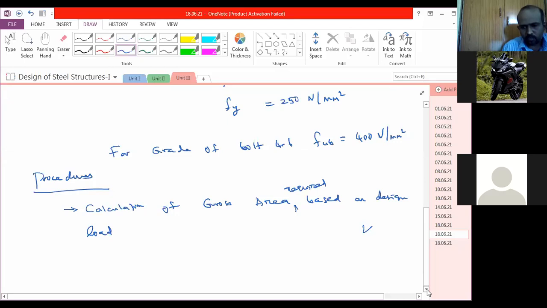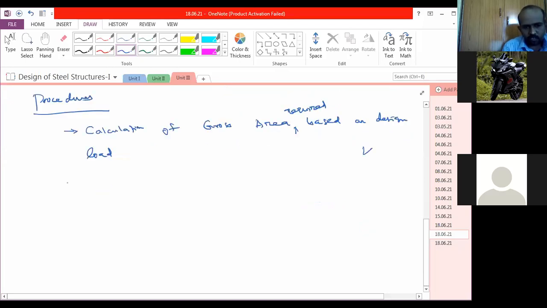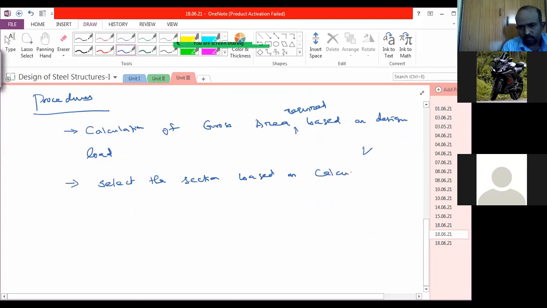Right. So next, after calculation of the gross area required, select some section based on the calculated required gross area.